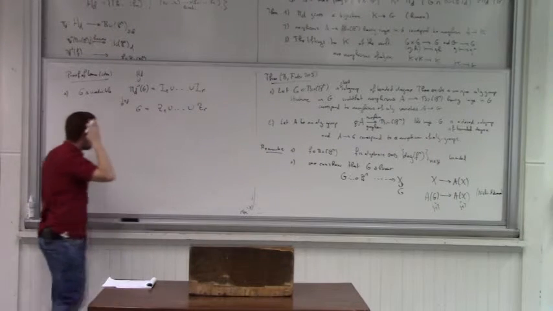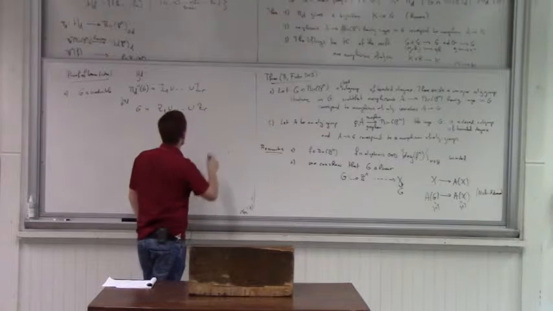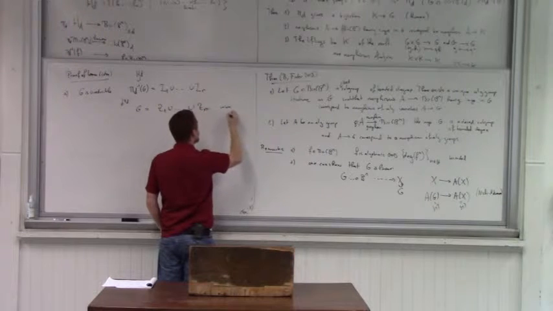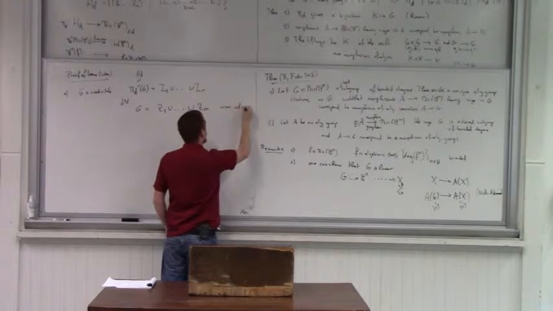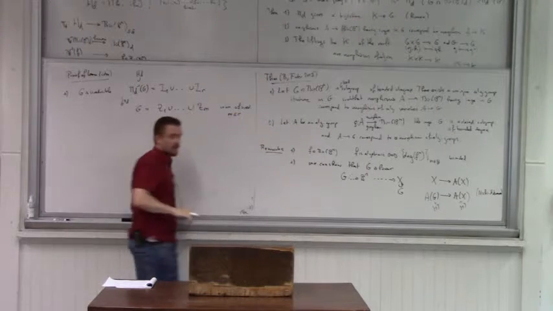The image of something irreducible is irreducible, so you get a union of irreducible components, and maybe some are contained in the other, so I take the maximal ones.